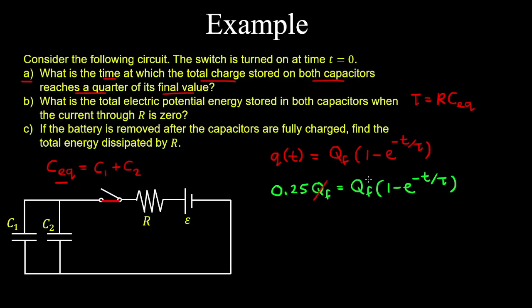And now we cancel Qf, and 0.25 minus 1 is minus 0.75, by negative 1 is 0.75. So that's equal to e to the minus t on tau.